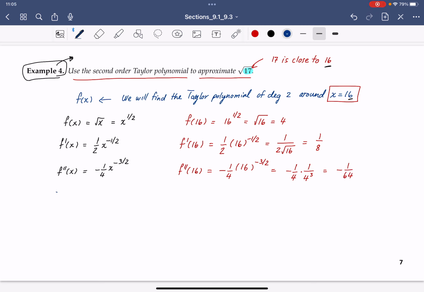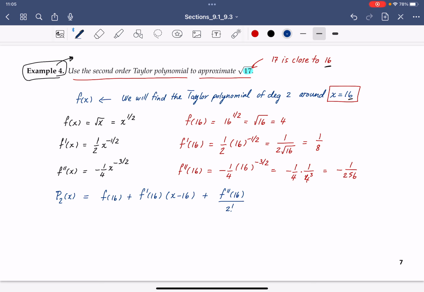And then now the Taylor polynomial of degree 2 of the function root x is going to be f of 16 plus f prime of 16 times x minus 16, plus f double prime of 16 over 2 factorial times x minus 16 squared.